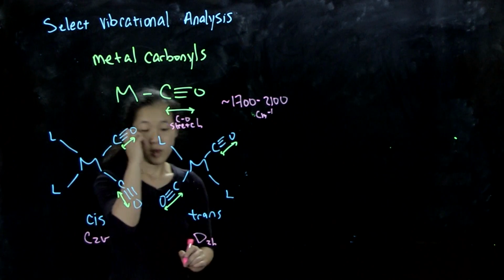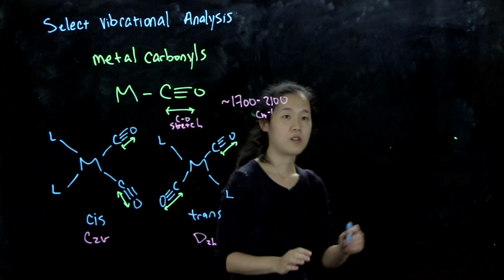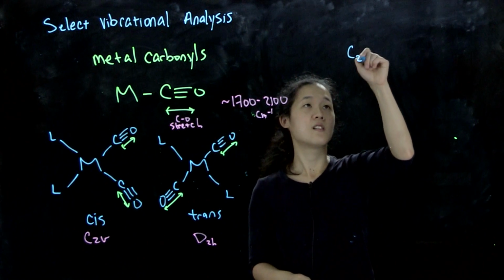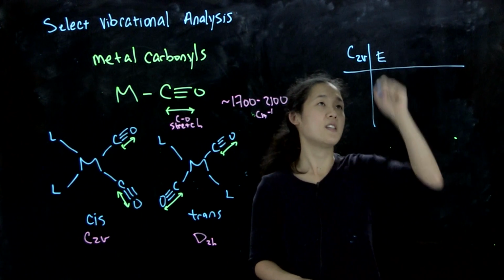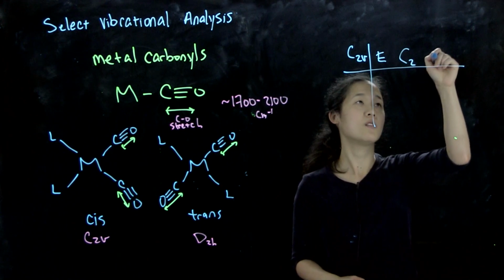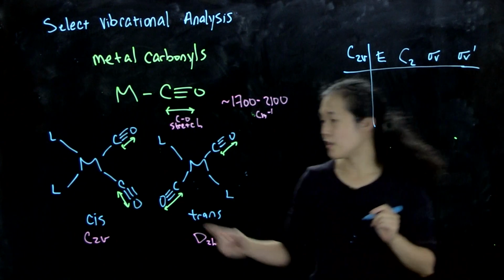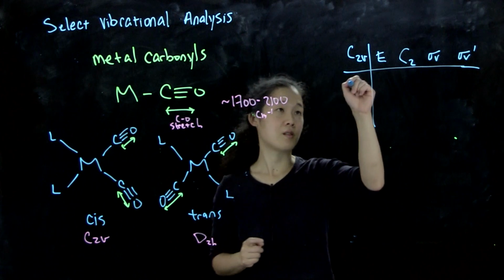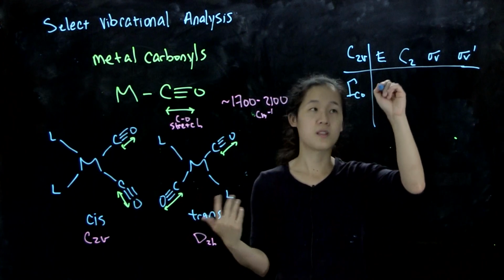And then what we can do is I'll just do the C2V one for now. So here's our C2V. Let's do our E, we have our C2, sigma V, sigma V prime. Now if we want to look at just our gamma CO, we have two of the CO stretches, so our E character is 2.